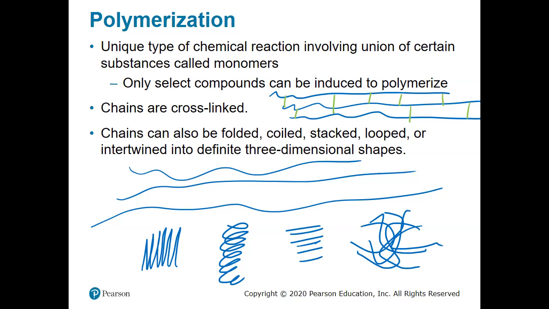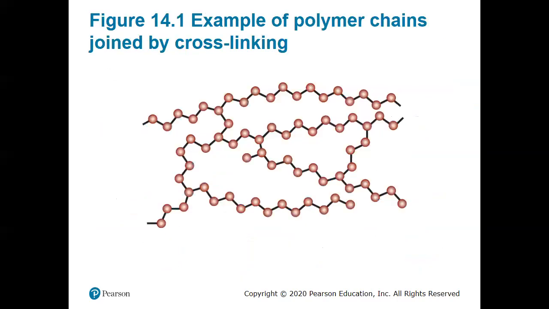And so because of those attractive forces, they will form other shapes. They will interact with each other. They don't have to just refer to cross-linking to strengthen their own bonds. So here we have an example of cross-linking.